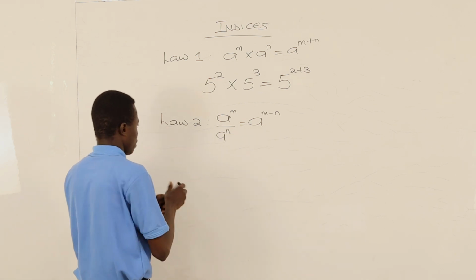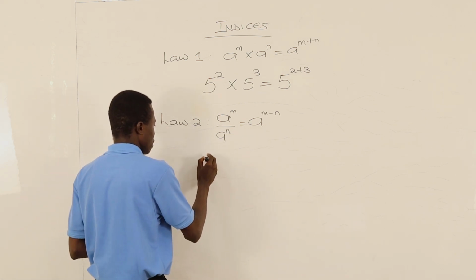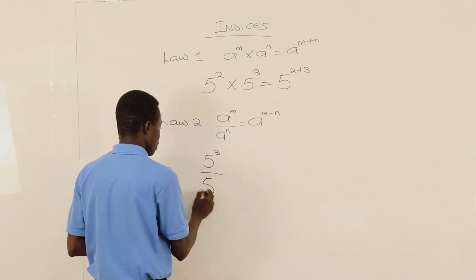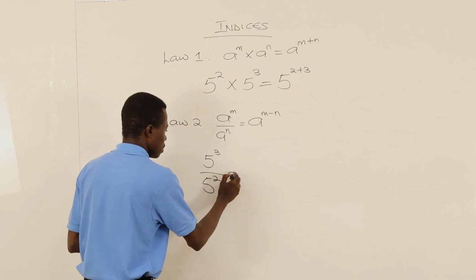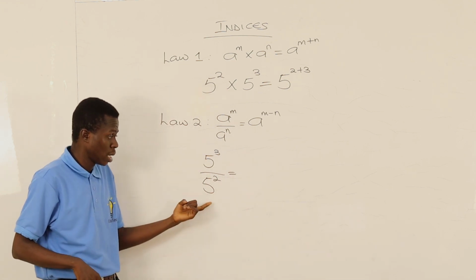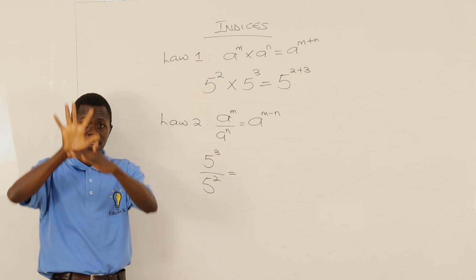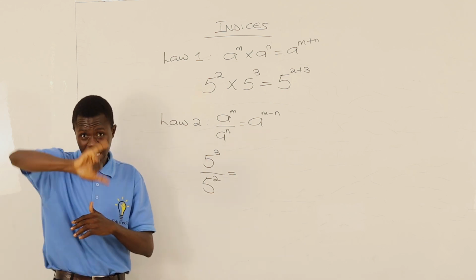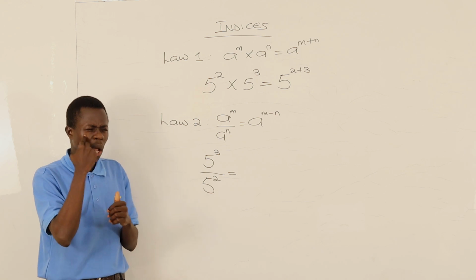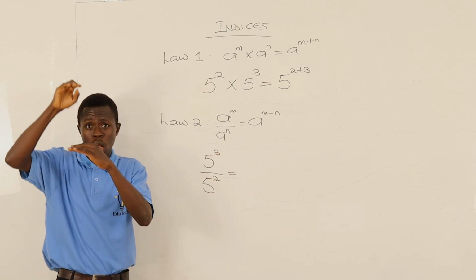So let's take a look at an example to see how we can apply law 2. Supposing we have the expression 5 raised to the power 3 divided by 5 raised to the power 2. You realize that here too, the bases are the same, 5 and 5.